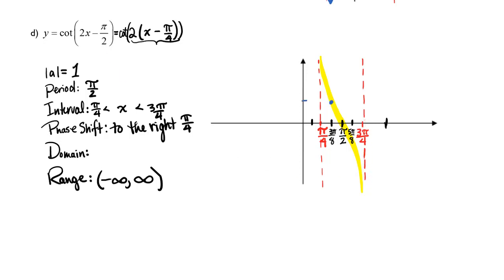I also know that the cotangent is 1 at 3 pi over 8 and negative 1 at 5 pi over 8, and it's 0 at pi over 2. So I know that I can just connect the dots. And that is sufficient to sketch that graph.